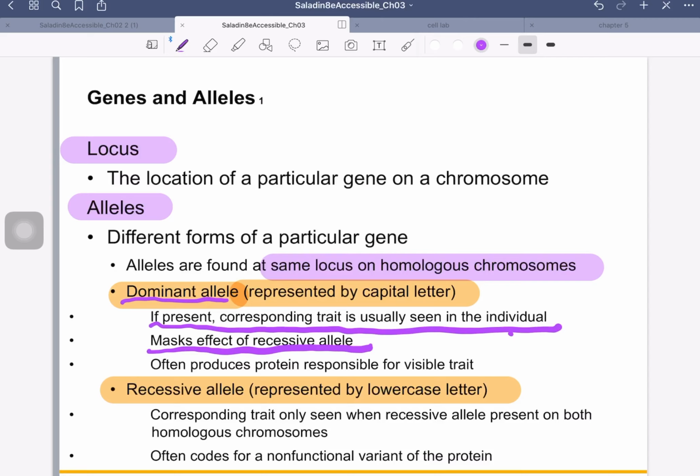And typically this is often because this gene produces a protein that has a role in that visible trait, or the phenotype, that's expressed by an individual. Now for recessive alleles, as I said, they're represented by a lowercase letter. The corresponding trait typically is only seen when the recessive allele is present on both homologous chromosomes.